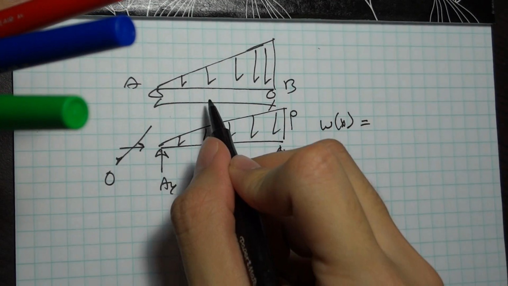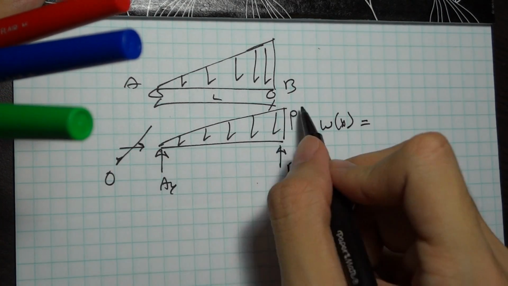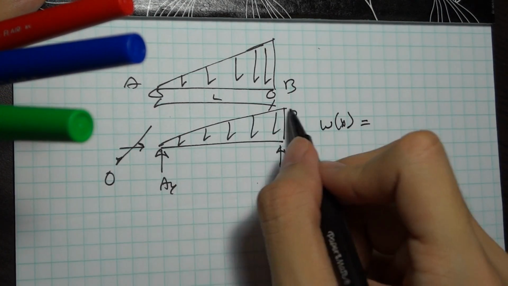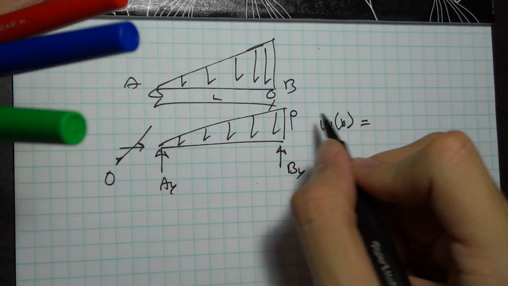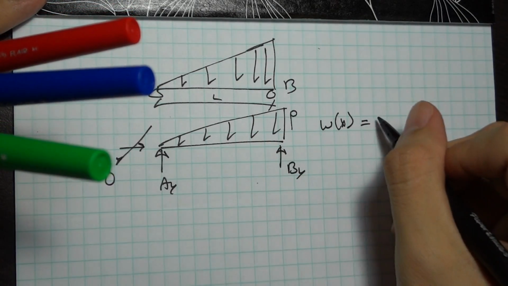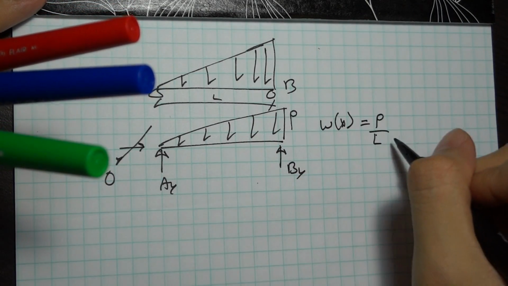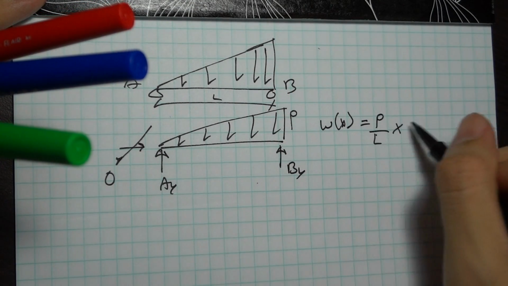And the slope of this line is just P over L, right? Like it goes up by P over some distance L. So my rise is P, my run is L. And this is a function of x. And I start at 0, right?